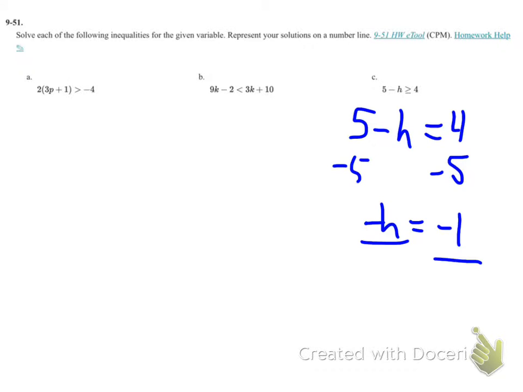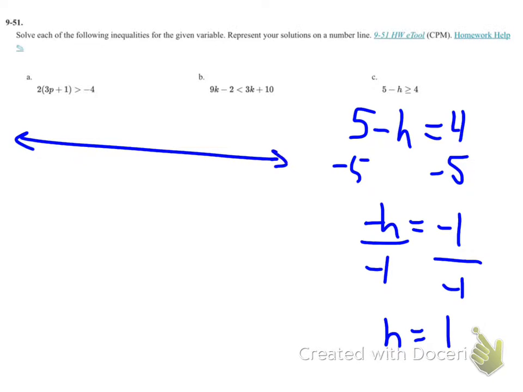And when I divide by negative 1, I get h equals 1. One is now my boundary point. Now, this one is "or equal to" because of the little line that's underneath it. So it is a greater than or equal to symbol, which means I am now shading in my circle. I am including the boundary point in the answer.